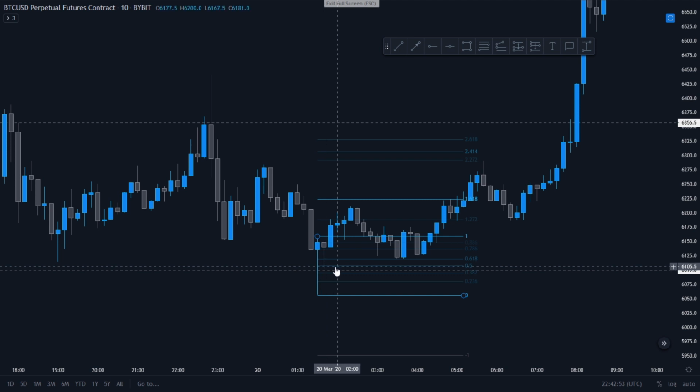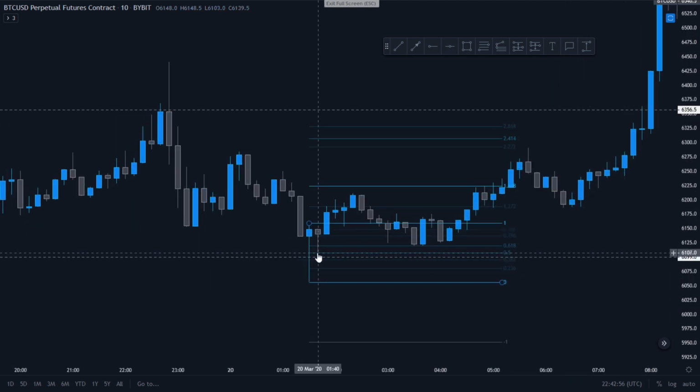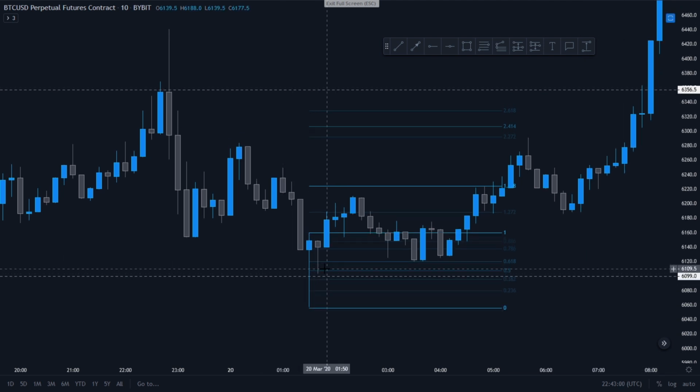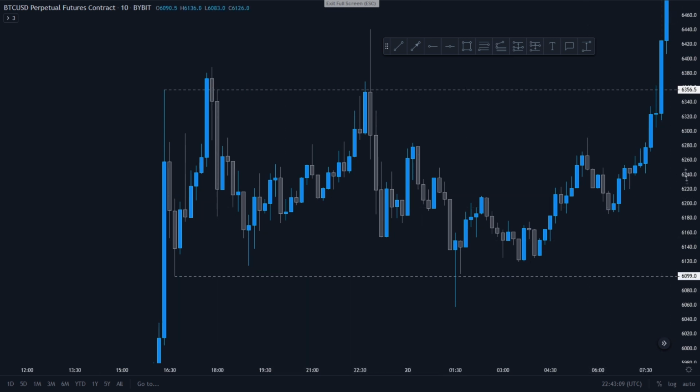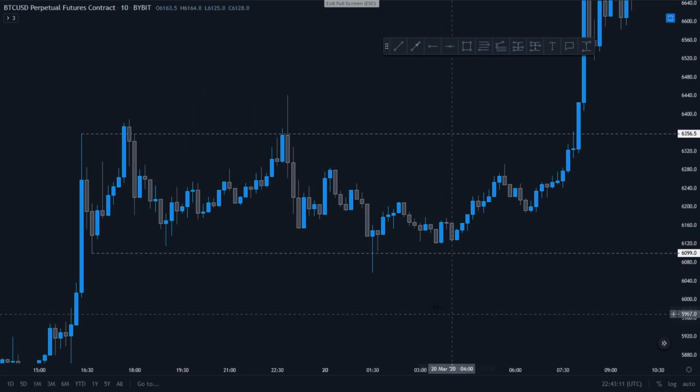So this is the best possible entry that you can get, guys, but you might miss the trade in case it does not retrace down to there. So sometimes you have to market buy.